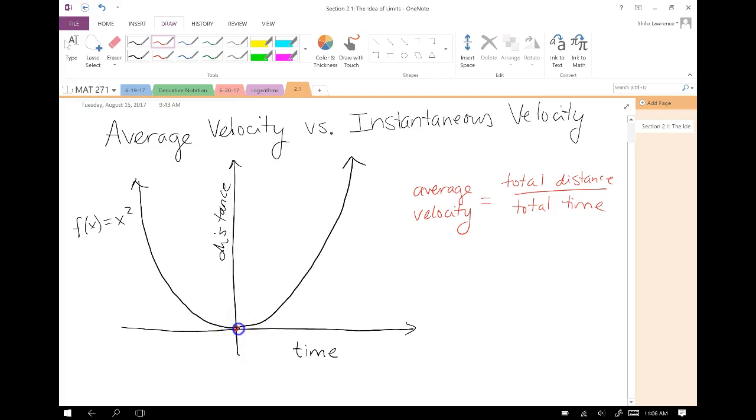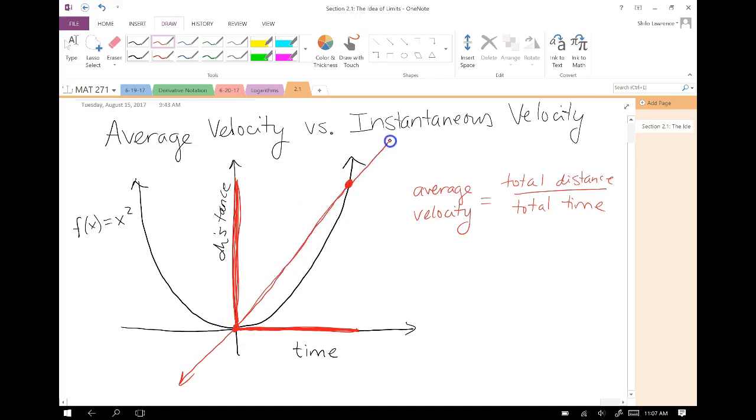So if we wanted to do this from maybe start to finish, we would say, okay, I took this total amount of time to travel this total amount of distance, and if we connect those 2 points, what we have just drawn is a secant line to that graph.